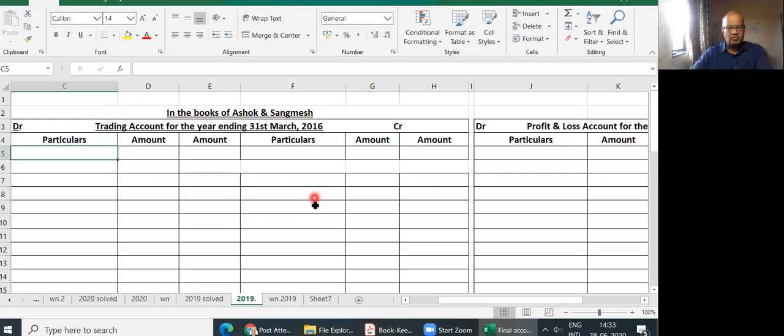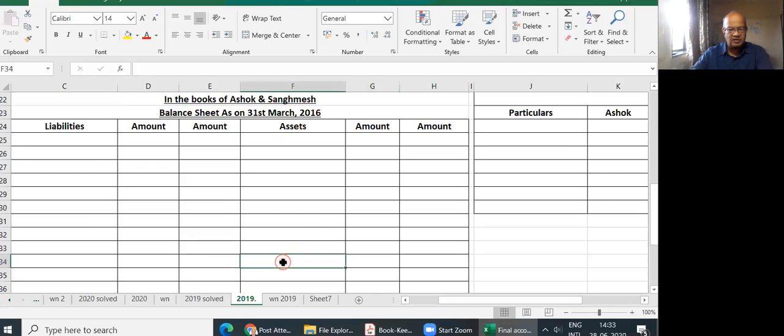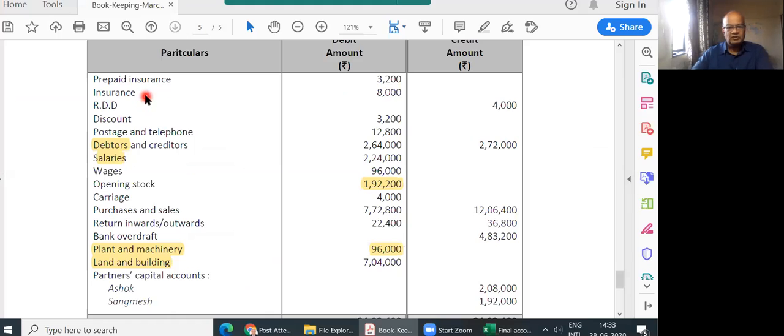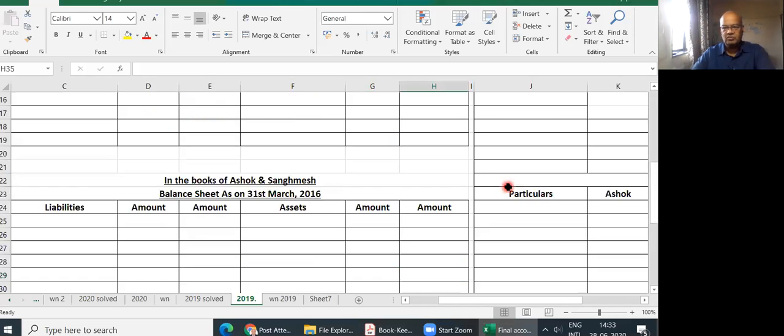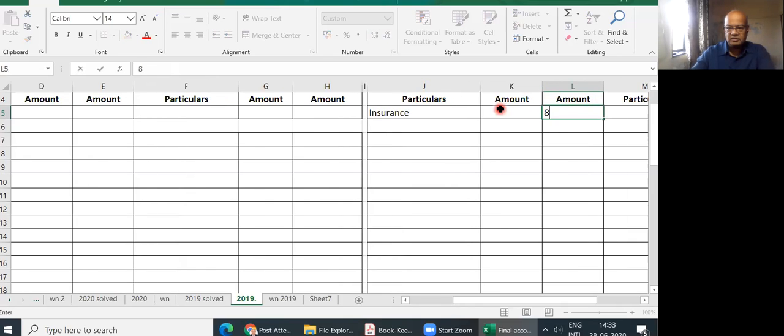So under assets, we will write prepaid insurance, the amount is, I suppose, 3,200. Then insurance, 8,000, will go in the P&L account.